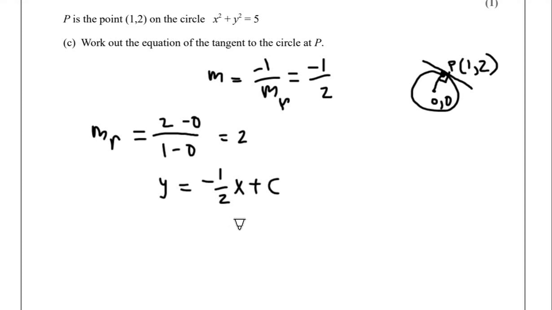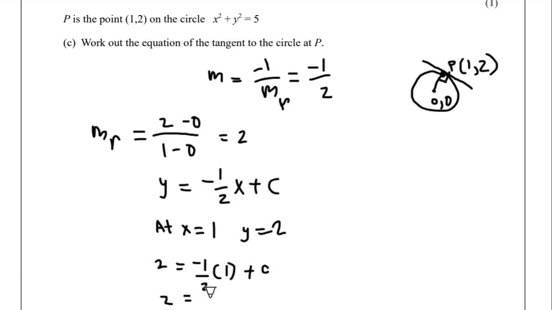And now we know that this tangent passes through the point P. P lies on this line. So at x equals 1, y is equal to 2 on this line. So let's plug in the values of y and x in this equation, and we'll be able to find c.